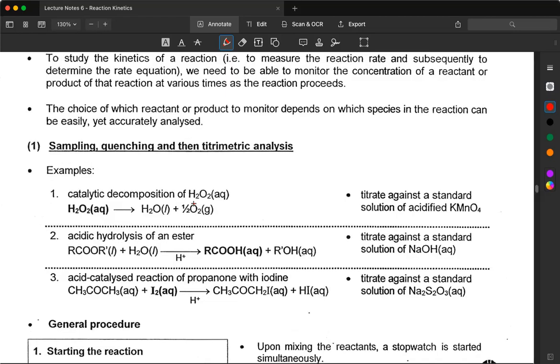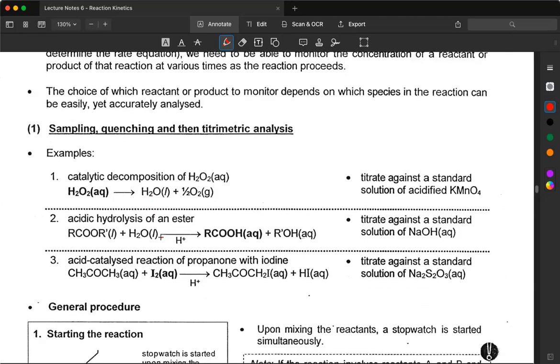So for example, we have these reactions. Something that's easy, like the first one, can actually use titration against KMnO4. We can observe the color change. Or this one, where you can titrate against sodium hydroxide using titration. As long as you can use titration, that would be fine.